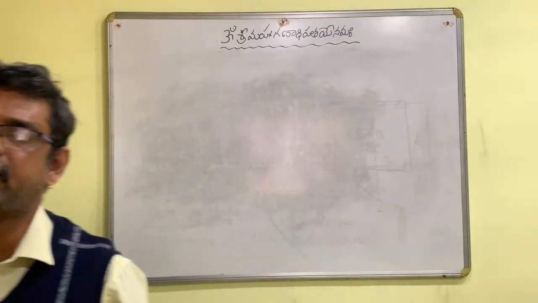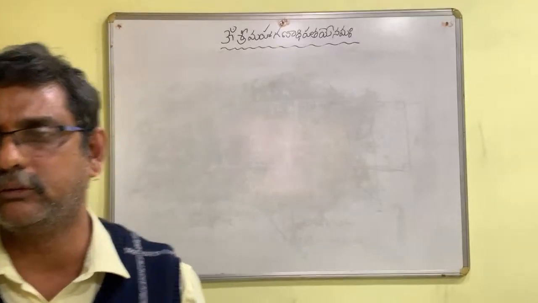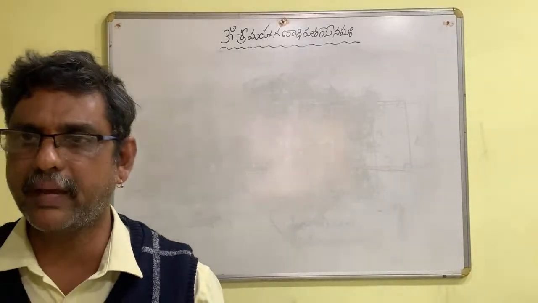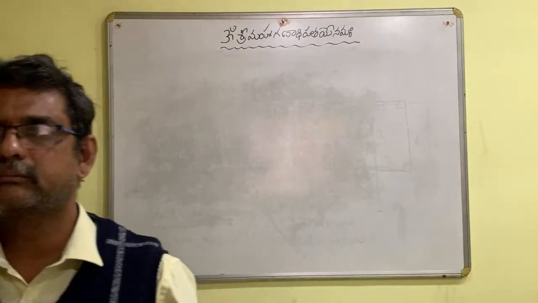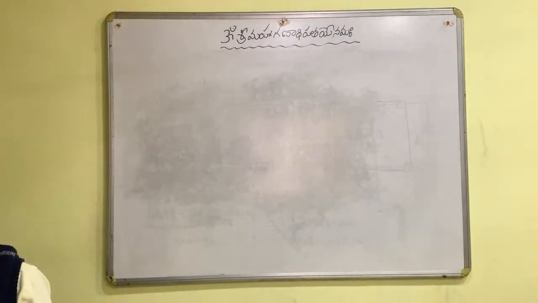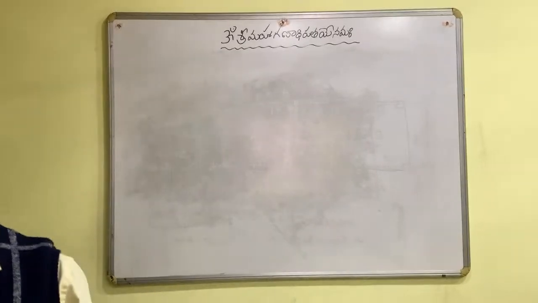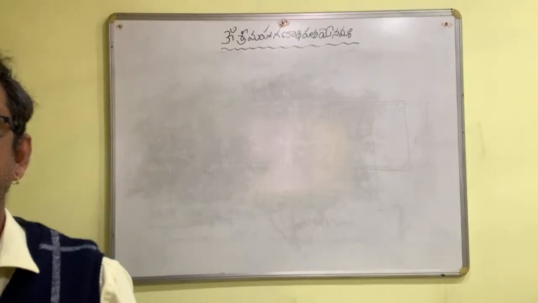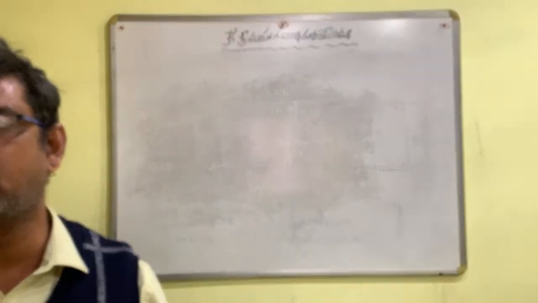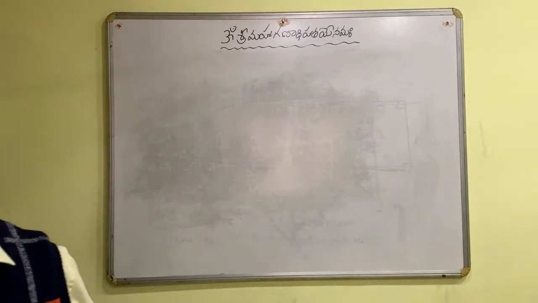If PQRS is a parallelogram, the quadrilateral formed by joining its midpoints is a rectangle. So the answer is parallelogram. Okay? If we join the midpoints of the sides of a parallelogram, we will get a rectangle. That is what we have to understand.